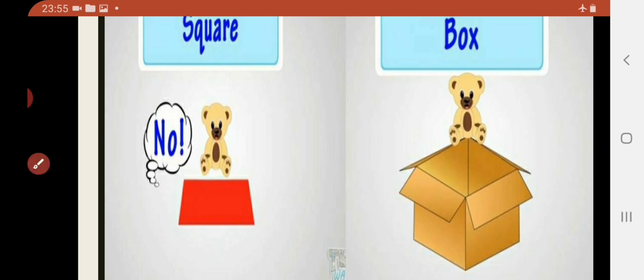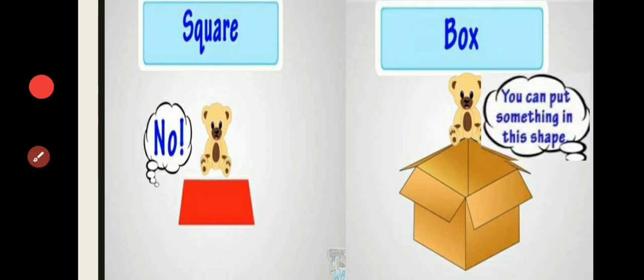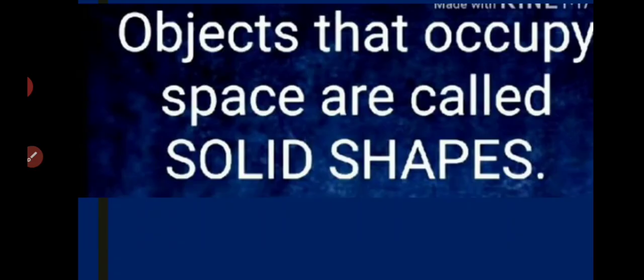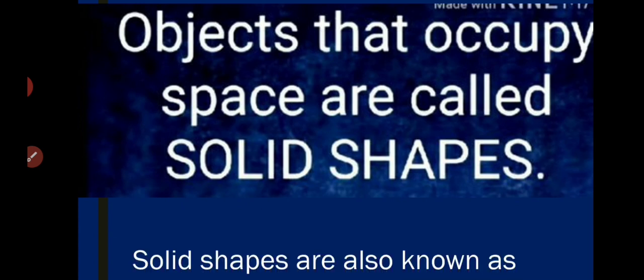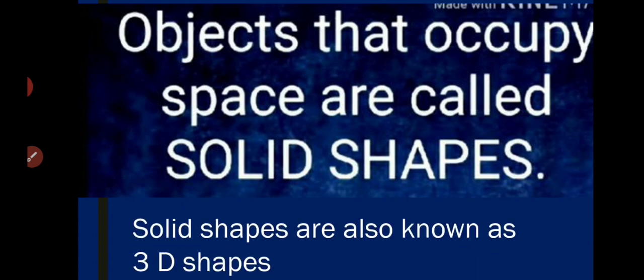The answer is yes, you can put something in this shape. So such shapes where you can put anything are solid shapes. Objects that occupy space are called solid shapes. Solid shapes are also known as 3D shapes.